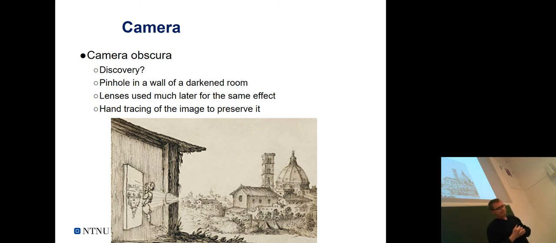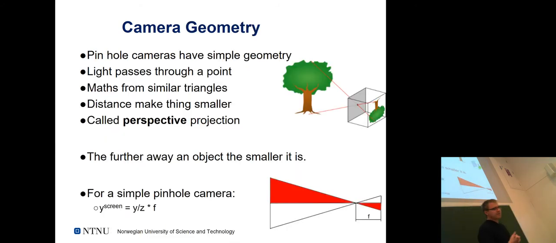But I think this is a reasonable starting point for thinking about photorealistic paintings, if you like. And the idea is literally shown here on the top right. It's quite straightforward. You have light passing through a point, and based on the different depths of the camera obscura with respect to the physical perspective, you have a scaled down version, referred to as perspective projection, of the original, right?